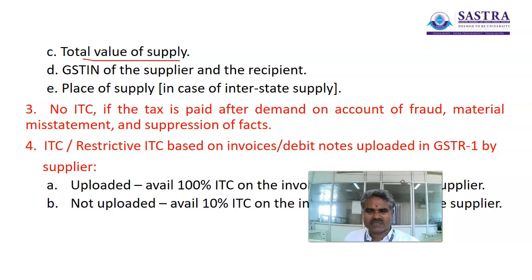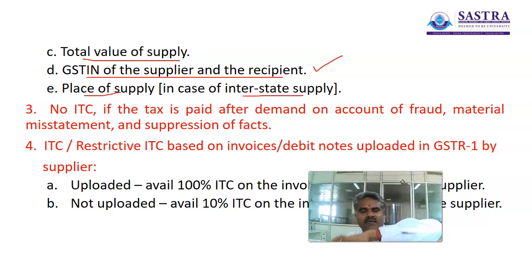GSTIN, goods and service tax identification number of the supplier and the recipient, and place of supply in case of interstate supply, whether you bought from another state or from a local supplier.